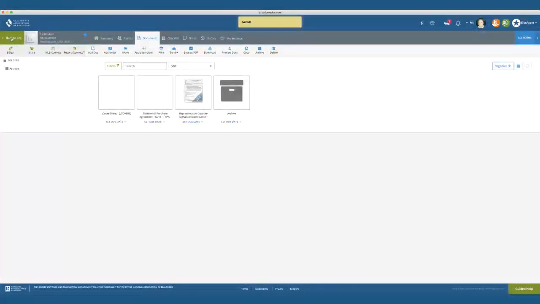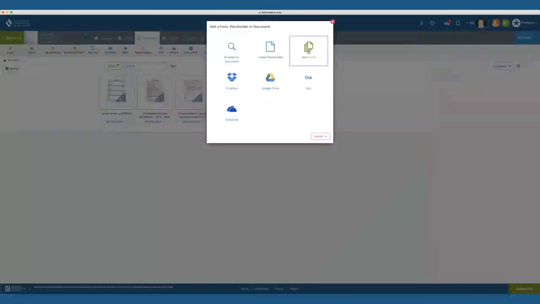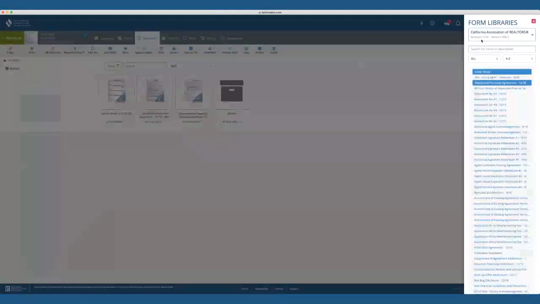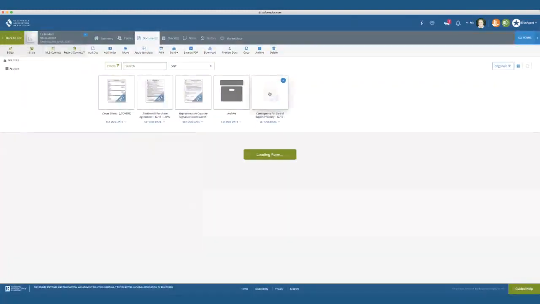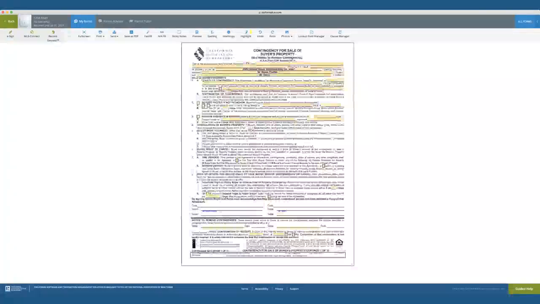I do want to look at really quick another confusing form. Remember, I talked about the contingency for the sale of the buyer's property, when the buyer has to sell his house in order to buy the new one.